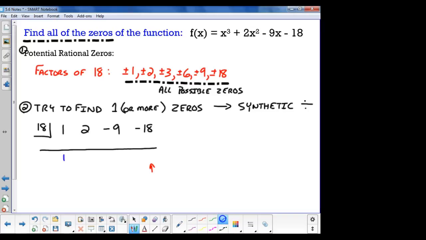Drop the 1 like it's hot. 18, that's 20, that's 360, that's going to be 351, and I'm not even going to attempt to multiply 18 times 351, because it's going to be a pretty big number. Anybody got a calculator out there?